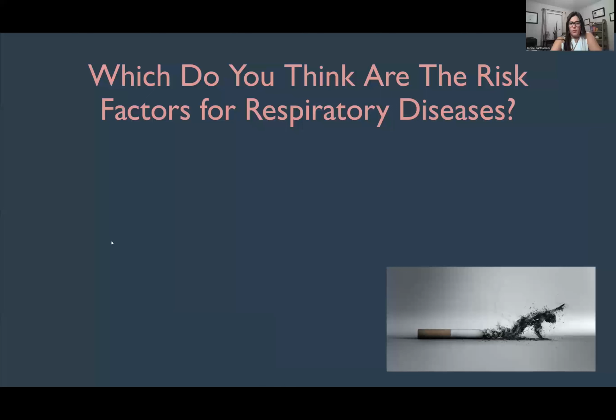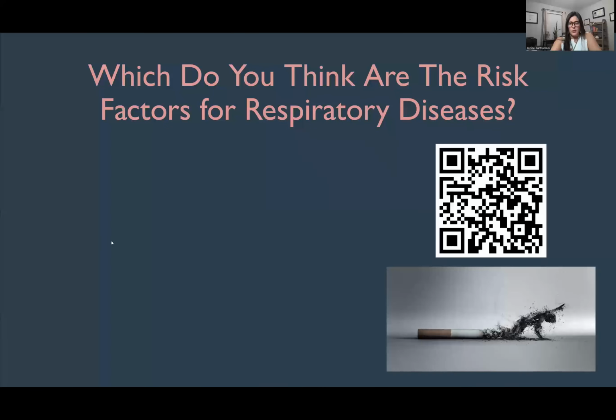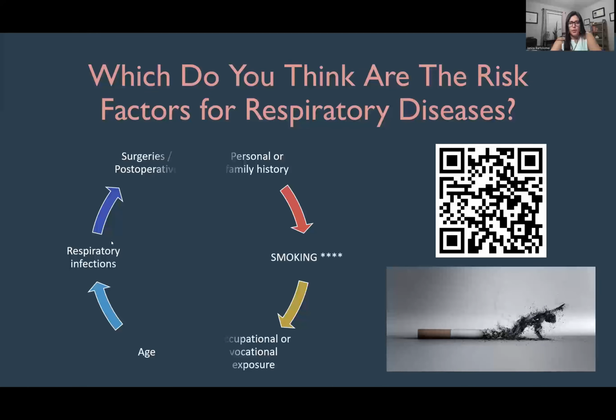So let's talk about what are some risk factors that cause respiratory diseases. Well, there's many factors, and in class, I'm going to ask you to scan this code, and basically you tell me which ones you think they are. But for this lecture, since this is a review, I'm just going to tell you. And it includes basically personal and family history of lung disease.